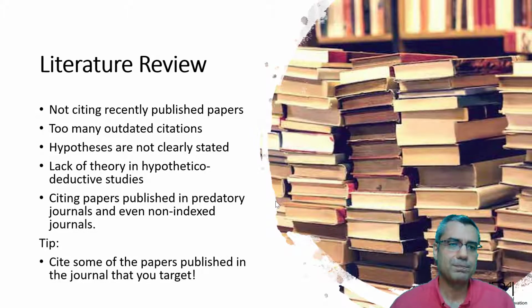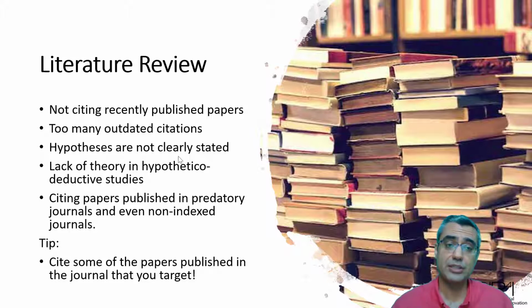So make sure you have cited relevant papers published recently. Or sometimes there are too many outdated citations, too many citations from 1970, 1960, 1990, 2000. I understand there are some seminal works, you need to cite them, but too many citations may indicate that the idea is not something new.